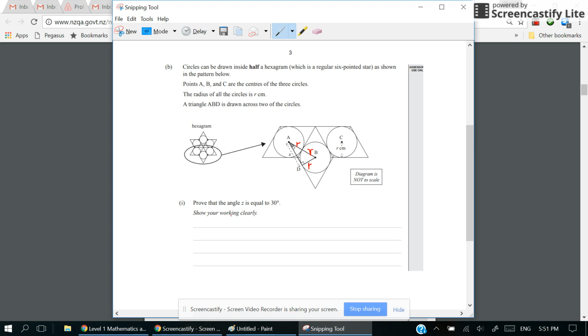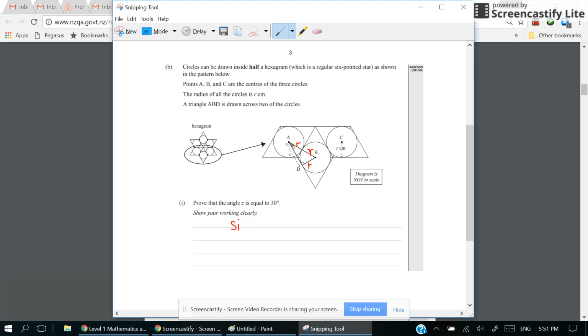Which trigonometry would you use for the opposite side and the hypotenuse, which is the side opposite the right angle? You can use sine.